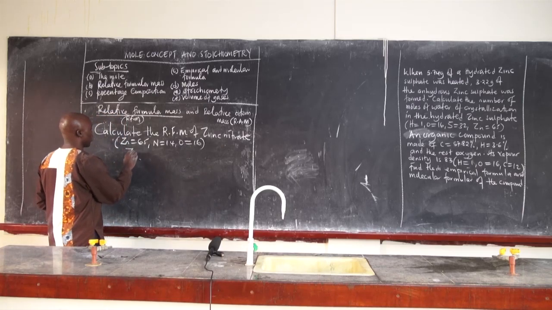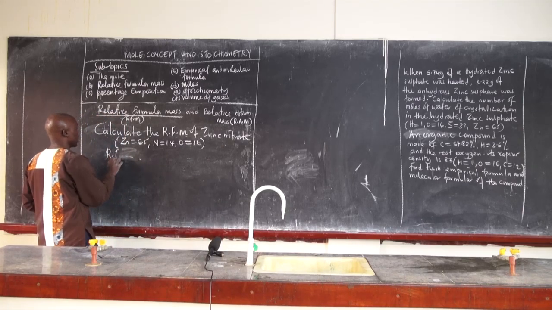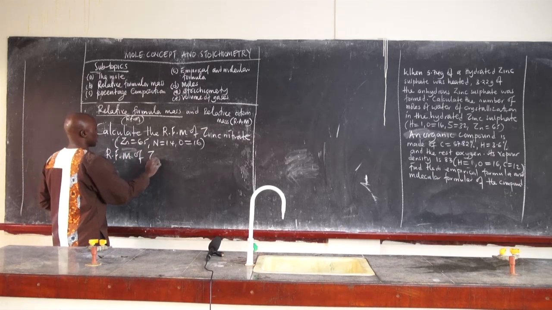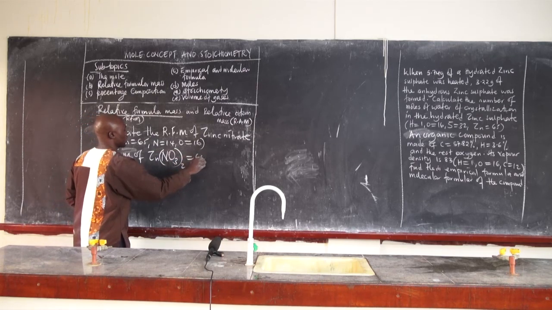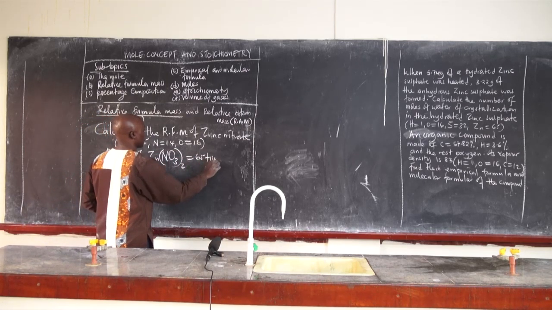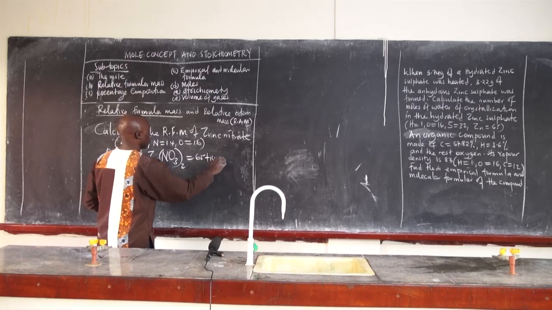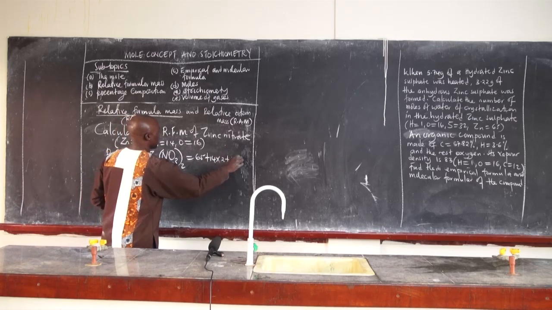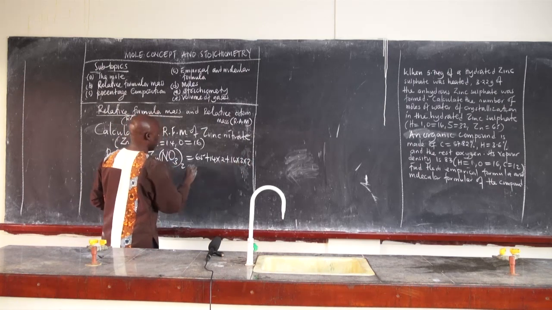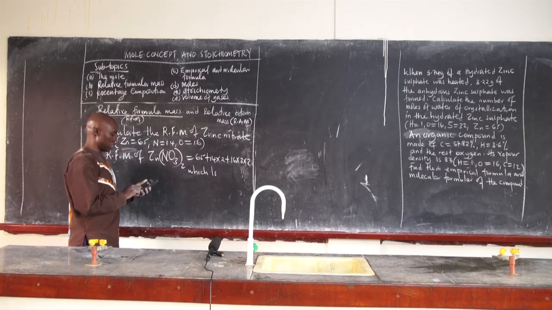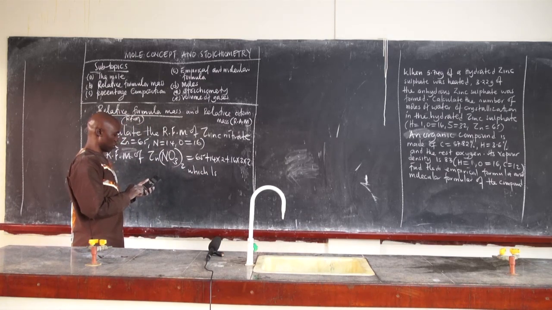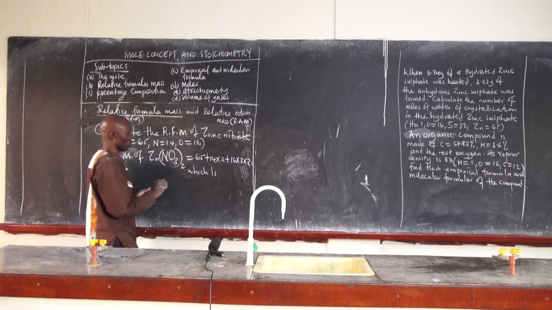So we have to write down the chemical formula of zinc nitrate. So RFM of zinc nitrate, that will give us 65 plus nitrogen is 14 times 2 plus oxygen is 16 times 3, all times 2, which is actually, punching it in there, 65 plus 14 times 2 plus 16 times 3 times 2, that gives us 189.